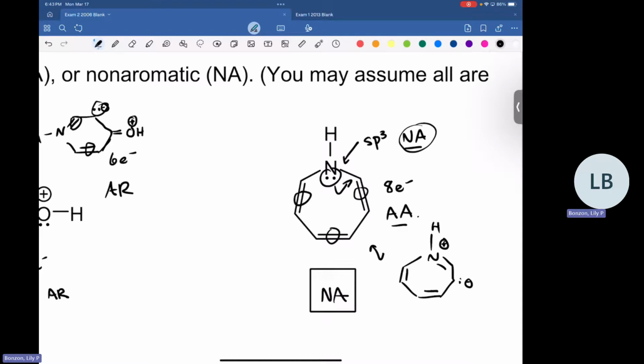In the resonated form, now the nitrogen is sp2, so we could consider it to be anti or aromatic. If we count the electrons, we still get 8. So it's only between anti-aromatic or non-aromatic. There's not a chance for it to be aromatic. So we're just going to go with non-aromatic and keep that nitrogen sp3.